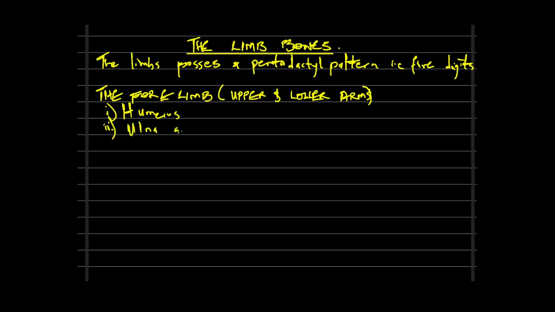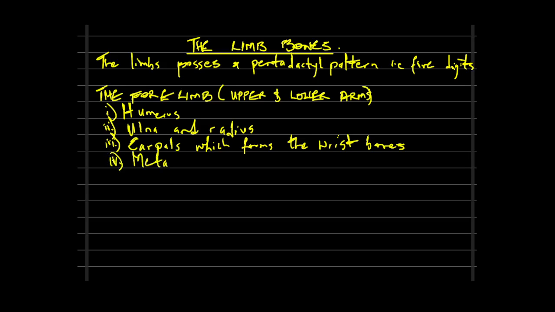Under the ulna and the radius we have the carpals, which form the wrist bones, and then the metacarpals, forming the palm bones.